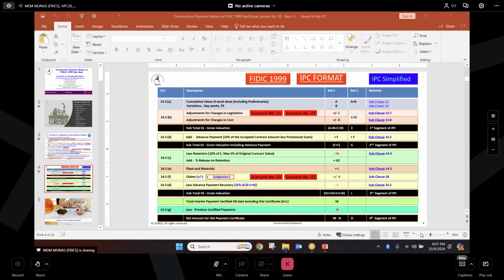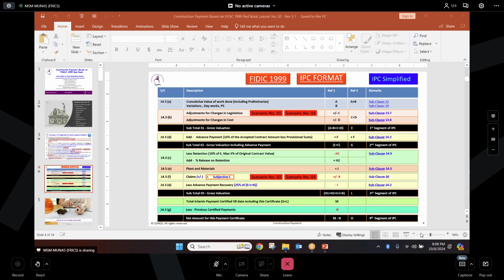The basic reason is you are going for measure and value, except Saudi, I will come back to that. In other countries where you are going for measure and value, the quantities are not final and the designs are not final. So you have to just put the indicative quantity.